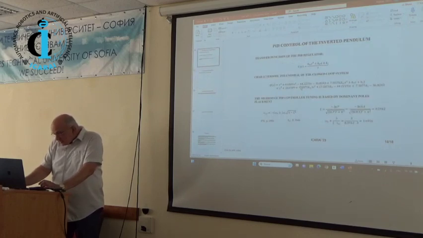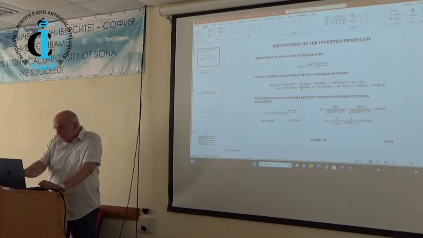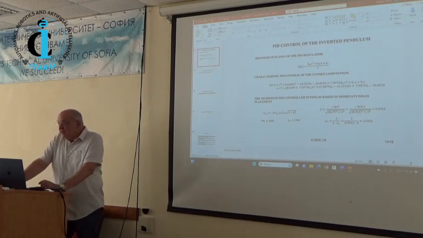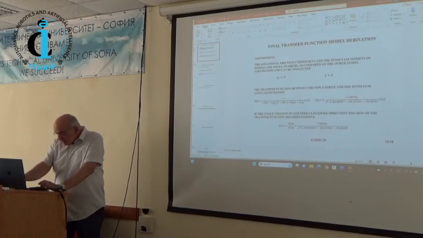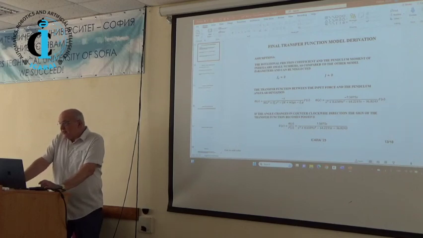The open loop transfer function had this expression in the numerator, which is the Padé numerator polynomial, and this expression in the denominator. So this is the open loop system.